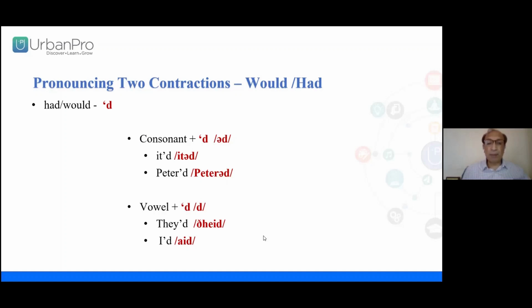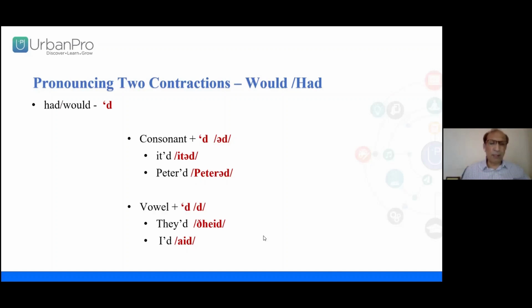So for example, "they had", the pronunciation becomes "they'd", or "I had", "I'd". So we do not have a schwa sound. Simply, if "had" or "would" is preceded by a vowel sound, we just have to pronounce it with a d. So "they'd", "I'd".